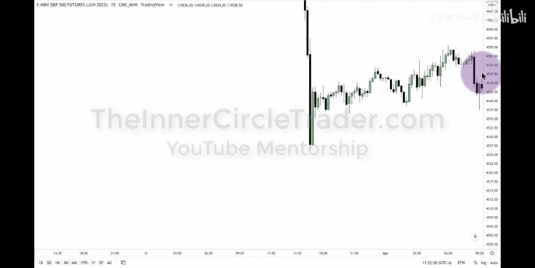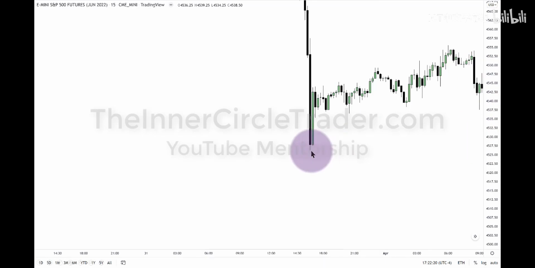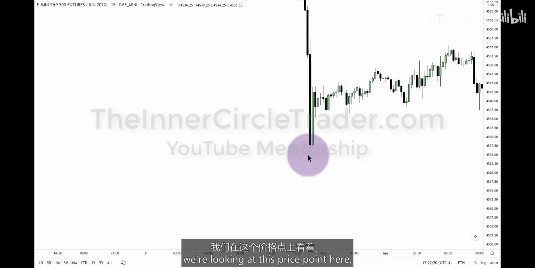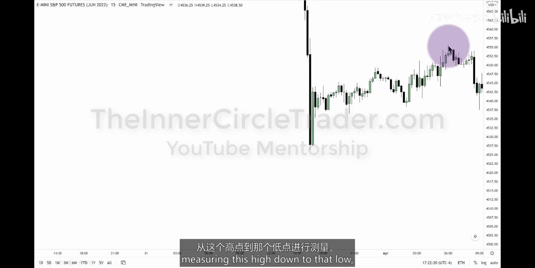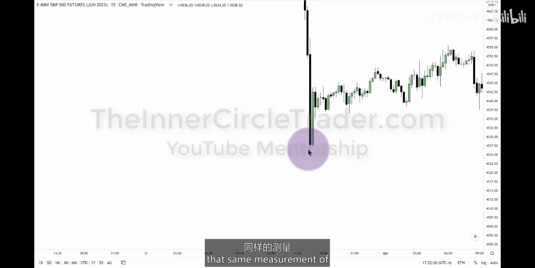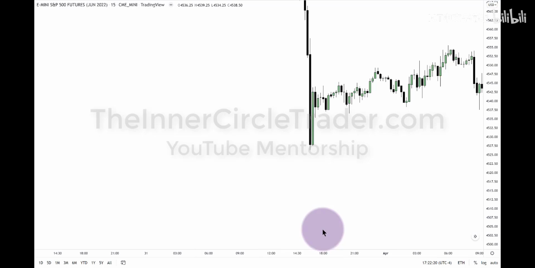At this point, we anticipate the new forming candles to trade lower and trade below this low. And if it does go below this low, we're looking at that low as a fulcrum point, measuring this high down to that low, that same measurement of distance, and we expect that projected lower. This is my swing trading model, and I'm applying it to targeting.